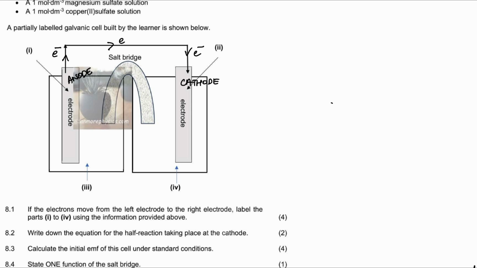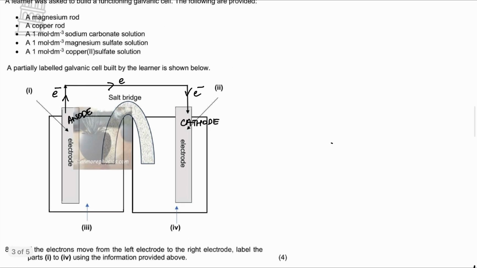Now we need to take a look at our rods. We have a magnesium rod and a copper rod. Which one is going to be at the anode and which one is going to be at the cathode? Well, the anode is going to be the one that's going to be oxidized. Remember, an-ox, so oxidized. And at the cathode, we're going to have reduction.